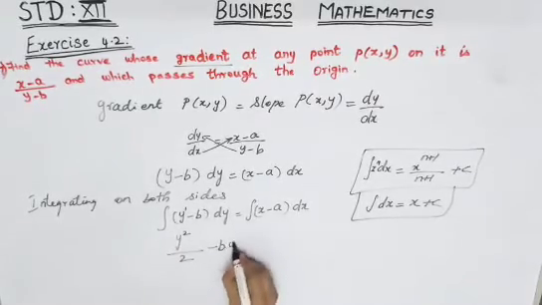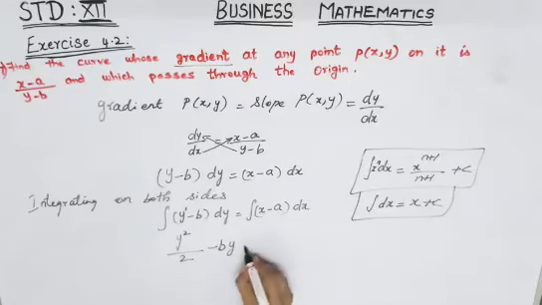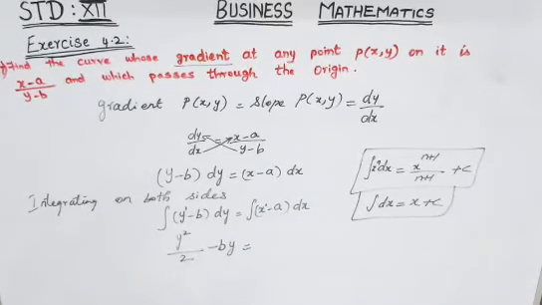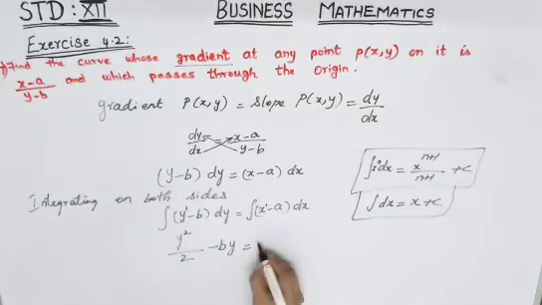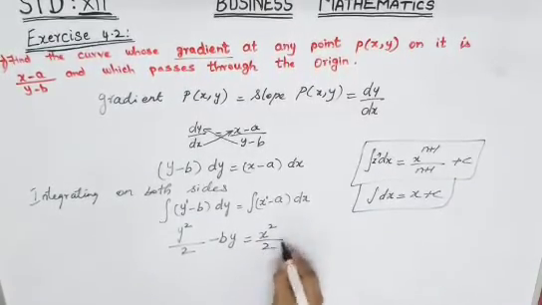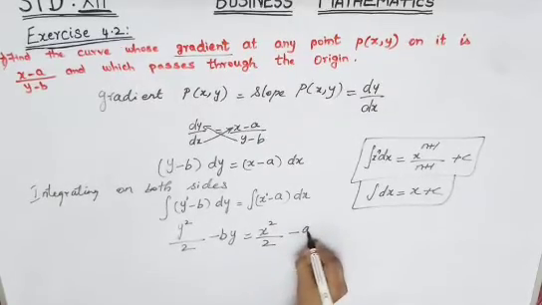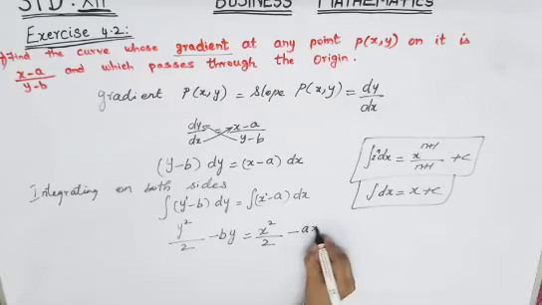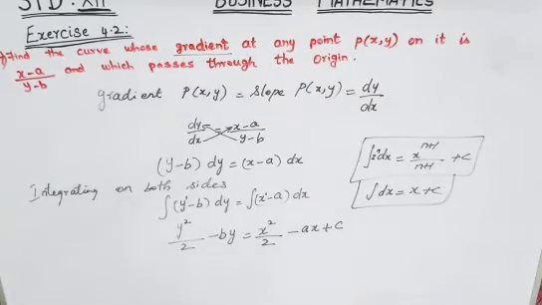Integral of dy is nothing but y. That is equal to, on this side again x is there, so x power 1 plus 1 is 2, x square divided by 2, minus a is constant, integral of dx is x, plus your constant c.